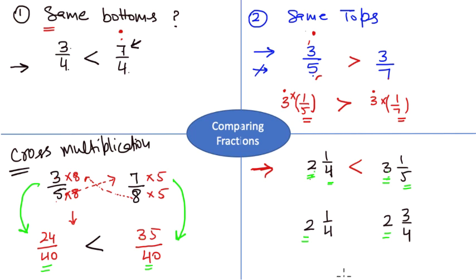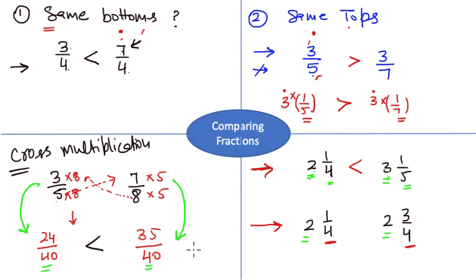Well, in this case, the whole number parts are the same, right? Identical, no issues there, okay? But in that case, what you do is you compare the fractional part because the whole number part is the same. And when you are left with only the fractional part comparison, you are simply going to check one of these conditions, either the same bottoms or the same tops.